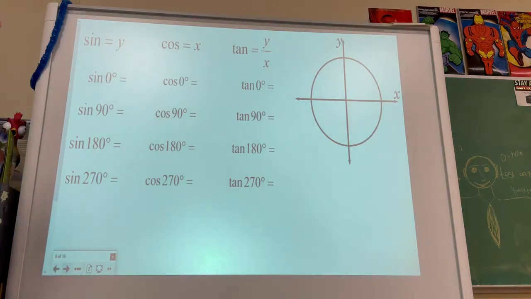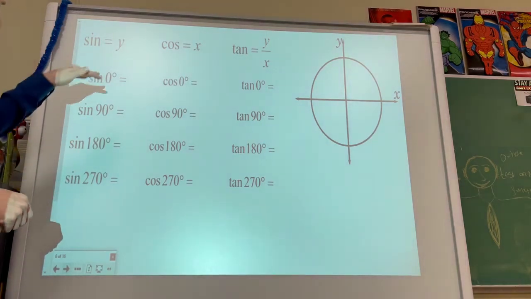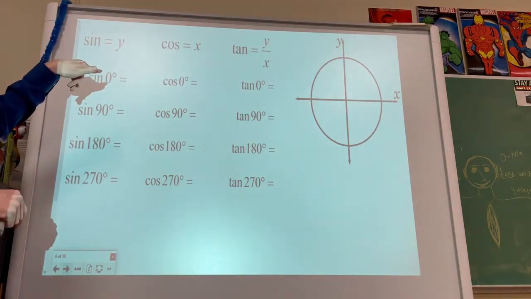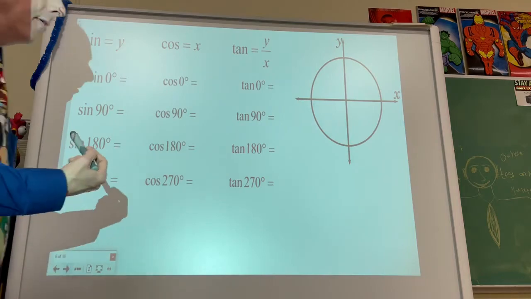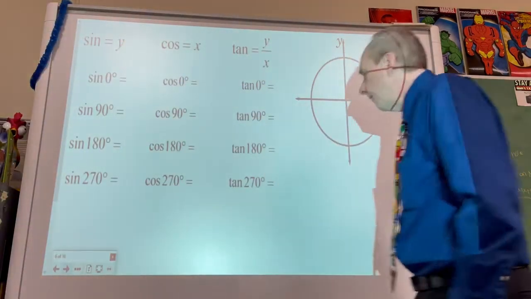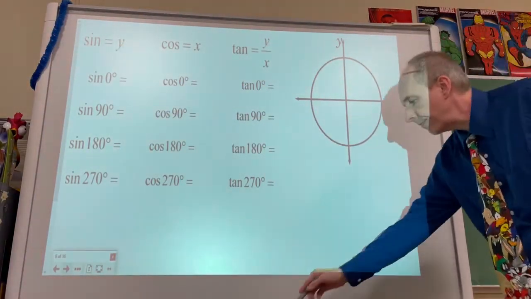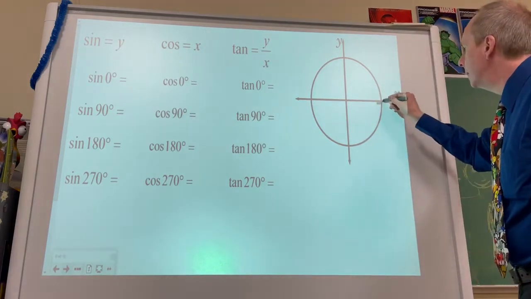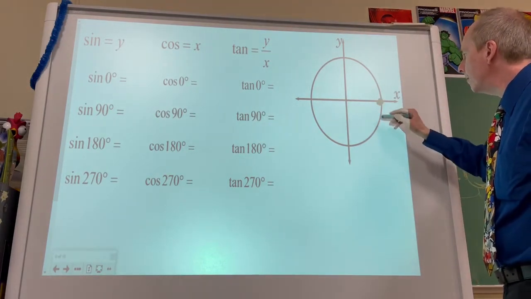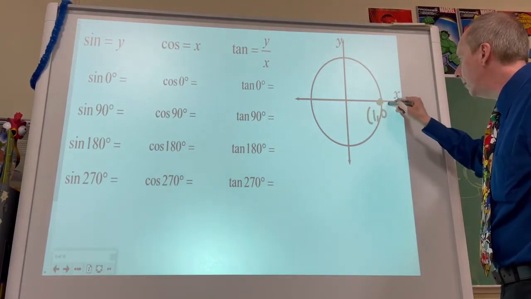We're going to find all these different values for sine, cosine, and tangent of 0, 90, 180, 270, and I might as well say 360. It's not up here because it'll be the same answer as 0 degrees. So, where do those answers come from? They come from your unit circle. Think of this point here. This is (1, 0).